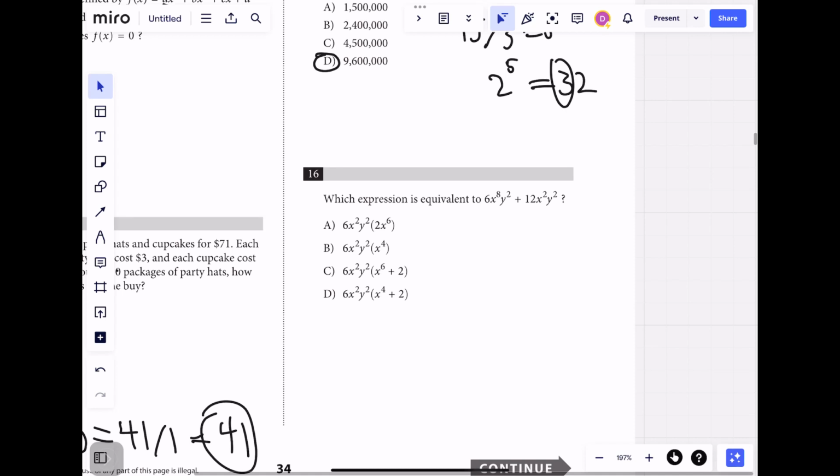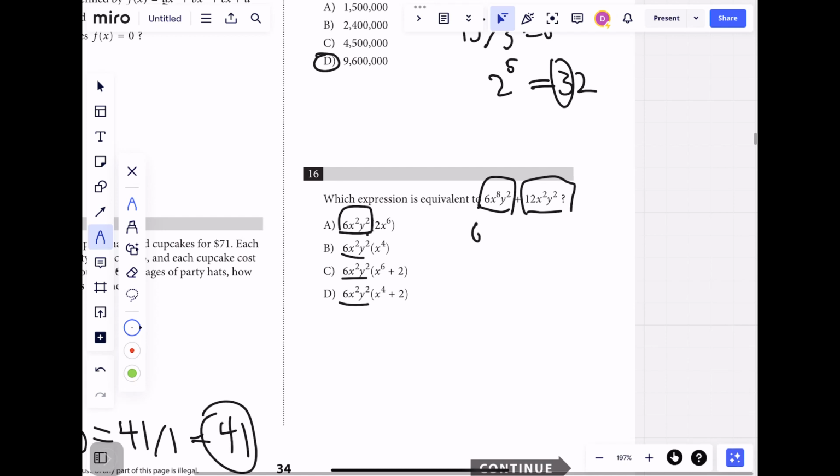Which expression is equivalent to this plus this? Okay, looking at the answer choices, they all have a greatest common factor. So we're going to take 6x squared y squared out of these two.